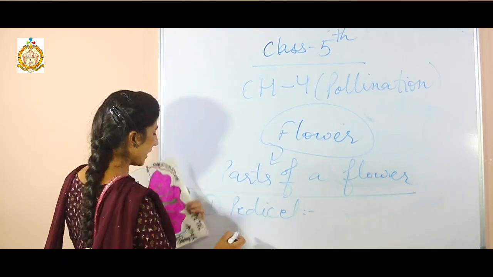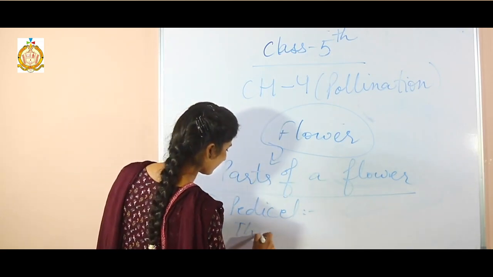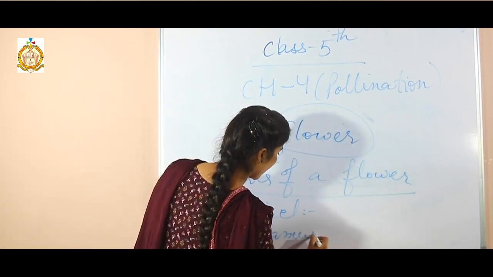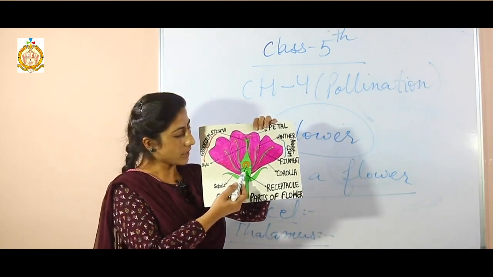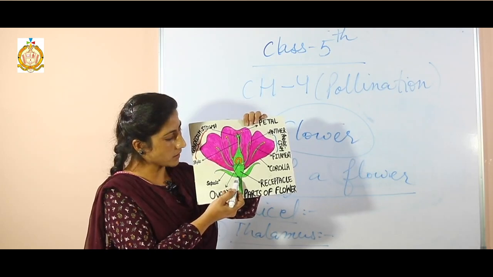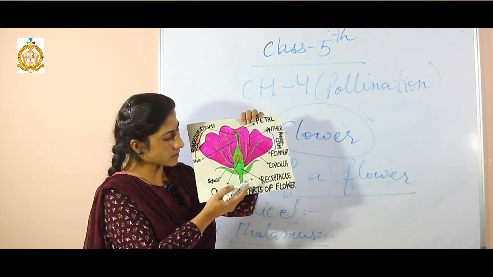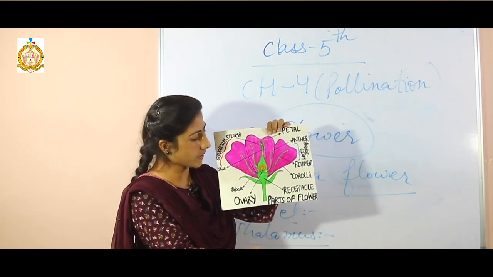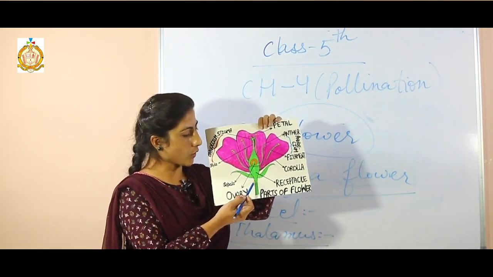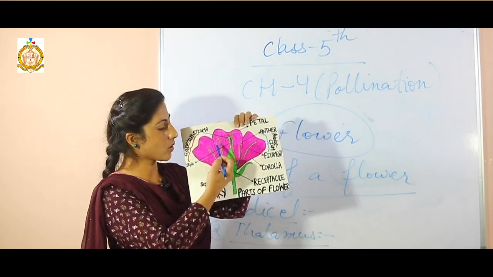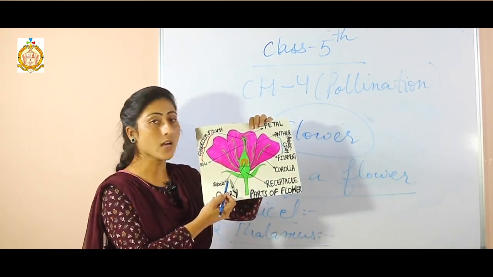Next is thalamus. It is the uppermost end of the pedicel, which is swollen and holds the four walls of the flower.